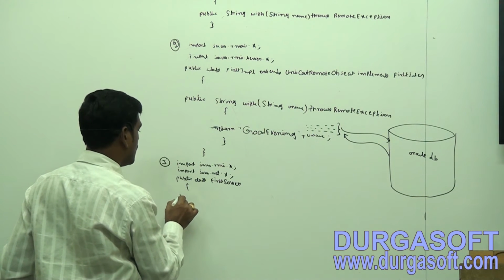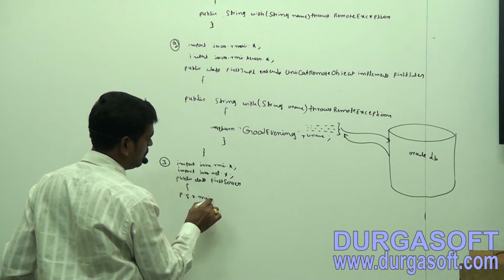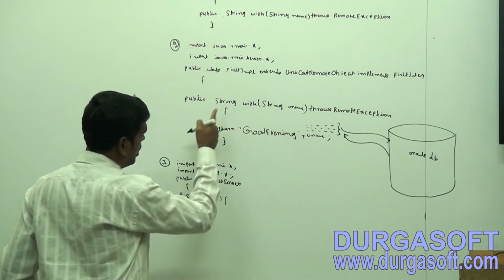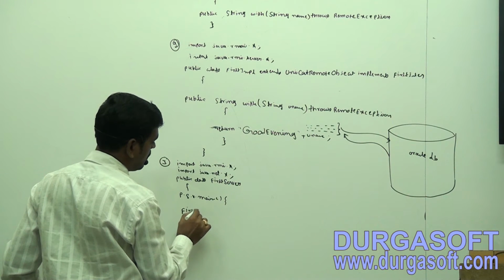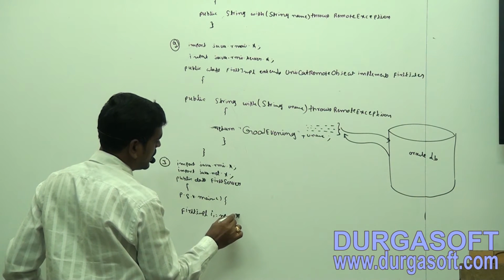After that, public static void main. Now we can create an object of this class, FirstImpl i1 is equal to new FirstImpl.